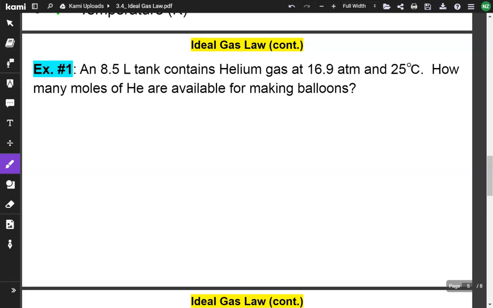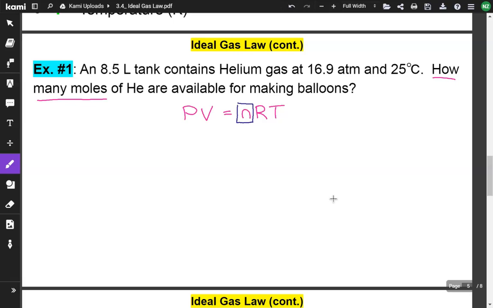Okay. So for this example, we are going to set it up using our PV equals nRT equation. Now, it's asking how many moles. So the way that I like to work these problems is I like to do the algebra first. So we're solving for n.